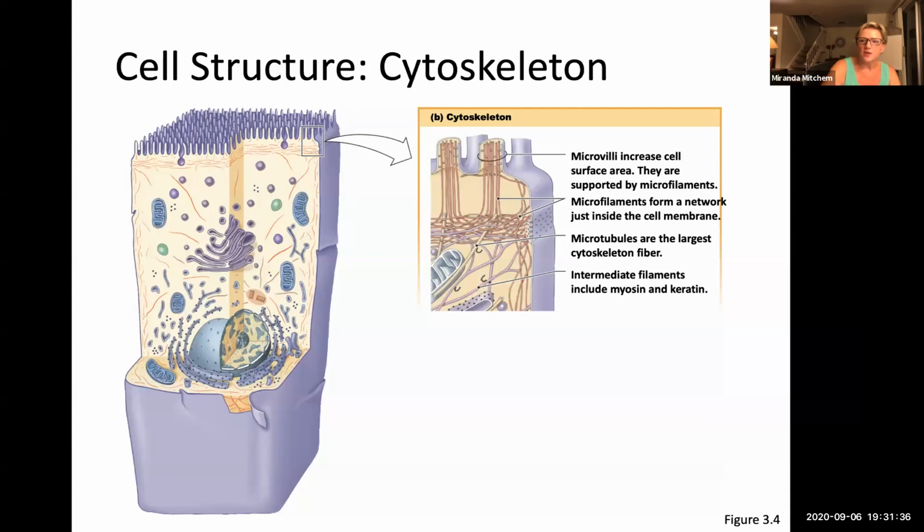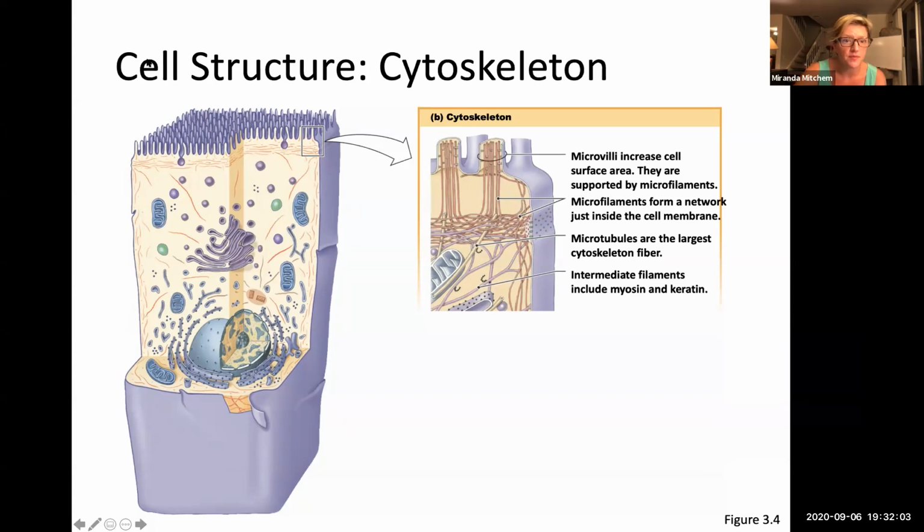All right. Looking over on the right side, we've got our villi, and each of these villi has a blood supply into it because the function is absorption, the movement of materials across them. We can see examples of the cytoskeleton. We've got a mitochondria here, and we have different components of the cytoskeleton as represented by the different colors.